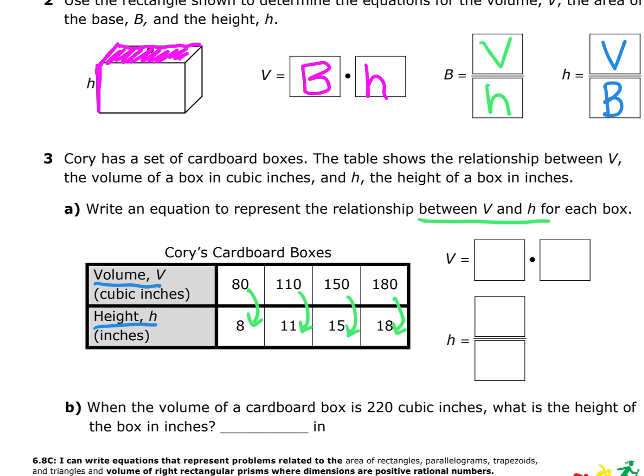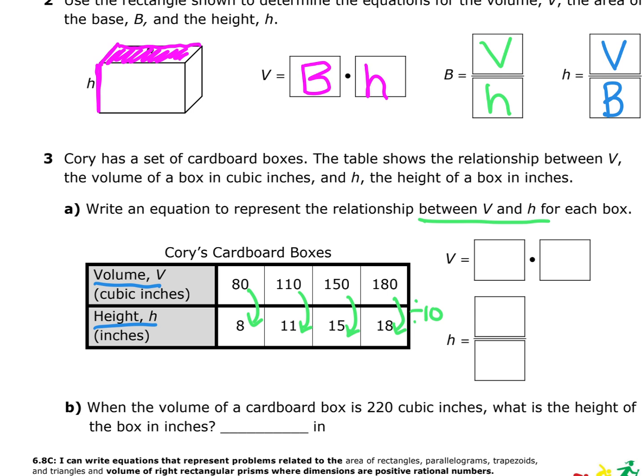Well, you're dividing it by 10. 110 divided by 10 will give you 11. So is that going to be an additive or multiplicative relationship? Because it's a division, it's going to be multiplicative.